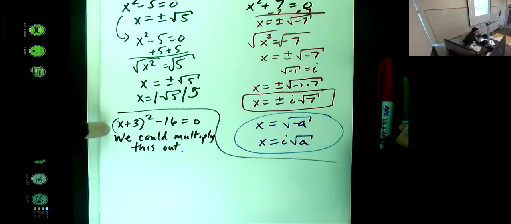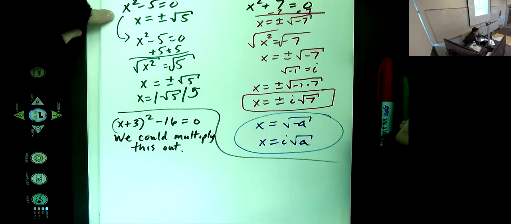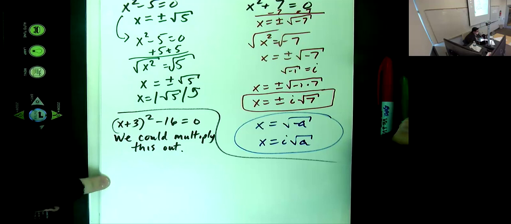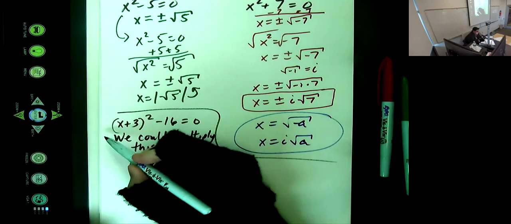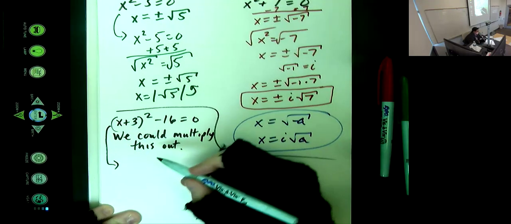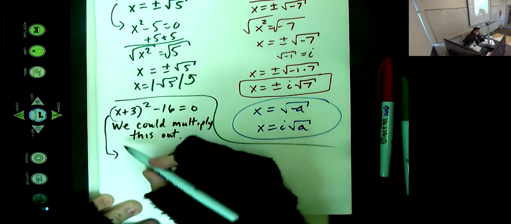In fact, why don't you guys try extracting roots, what we were doing up here, while I do the long version of multiplying it out, so you see that you get the same answers. And then we'll go over extracting roots together.